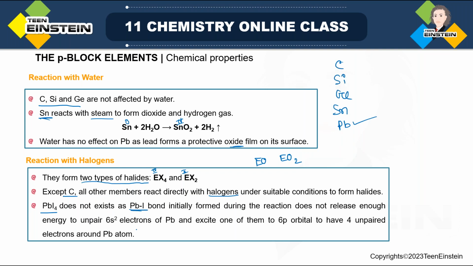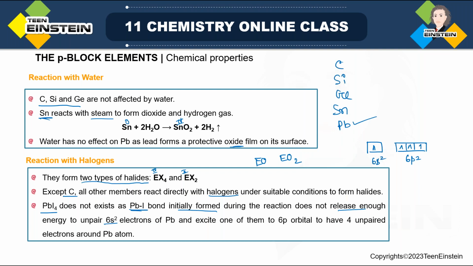Because even if the lead iodine bond is formed initially during the reaction, it will not release enough energy so that the 6s2 electrons can be unpaired. If you consider the electronic configuration of lead, it is 6s2 6p2. Now if it has to form PbI4, we have to unpair this electron.